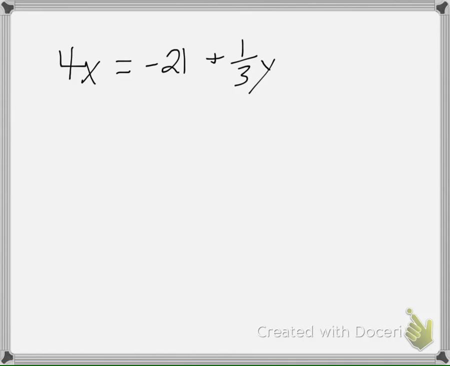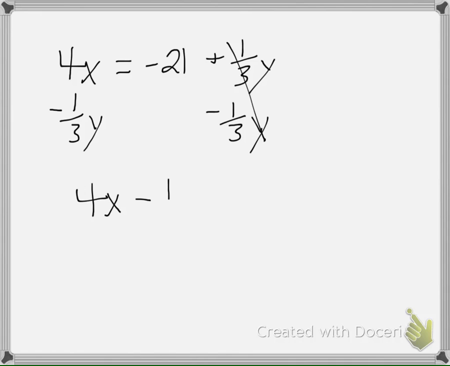So to solve this one, the first thing I'm going to do is subtract the 1/3 y. That way I'd put the y term on the same side as the x. That cancels, so I get 4x minus 1/3 y equals negative 21, right?